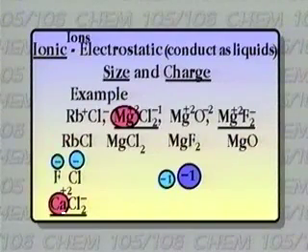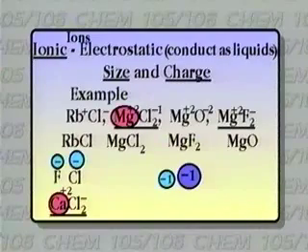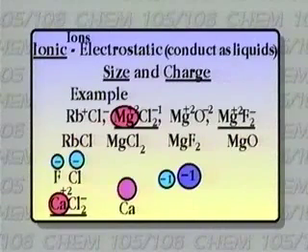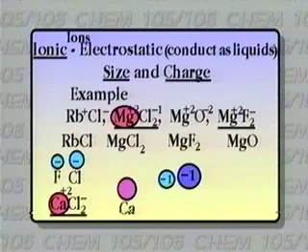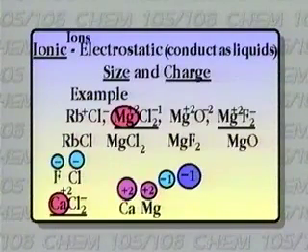Again, using our periodic chart, we would see that calcium is one row below the magnesium, meaning that if this were calcium, it would be larger than the magnesium.